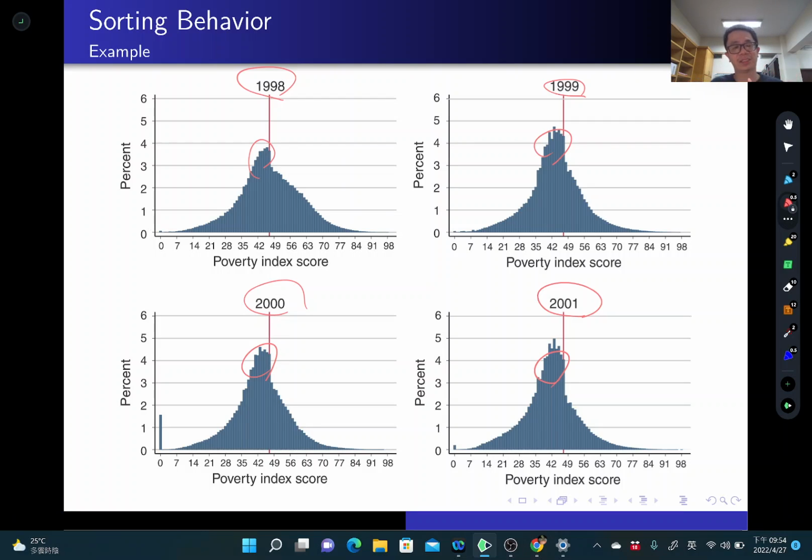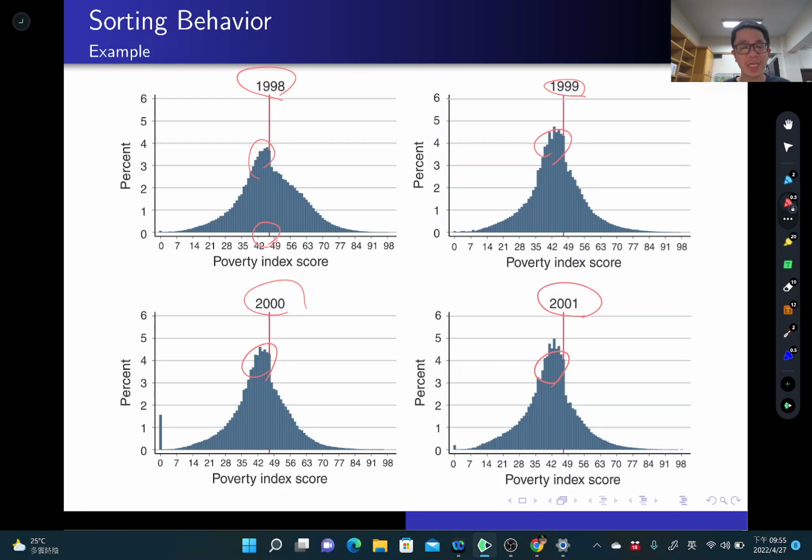When this happens, you cannot really use the poverty index as a running variable and this cutoff to examine the effect of the cash transfer on the labor supply, because people can manipulate the assignment variable. In that case, only those who want to receive the cash transfer will try to get below the cutoff.